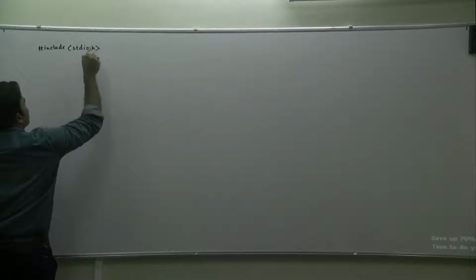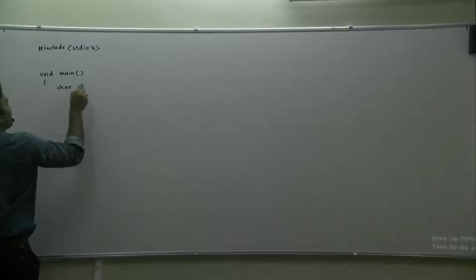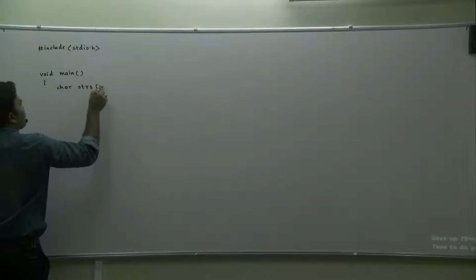First, I would begin by telling hash include stdio.h. After that, I would tell void main. In the main function, I will create one character array str1 of 10.